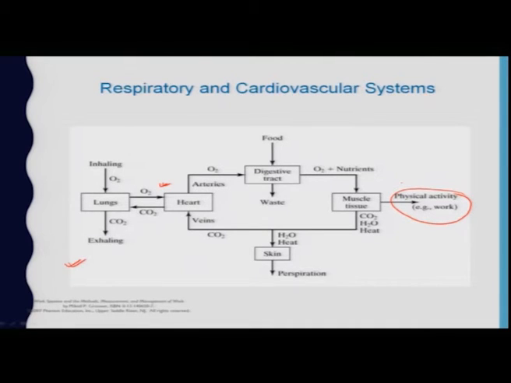As you can see from this figure, the lungs are of particular interest in metabolism, because they are the source of oxygen used by the muscle cells. They also exhaust carbon dioxide from the body.